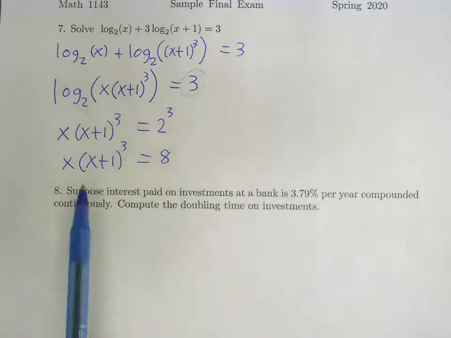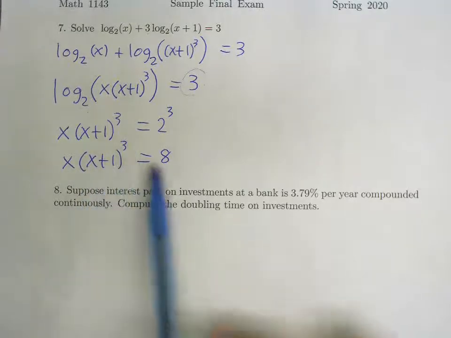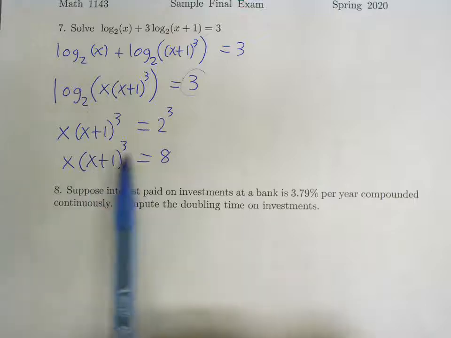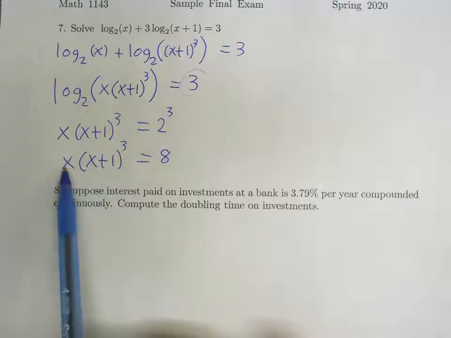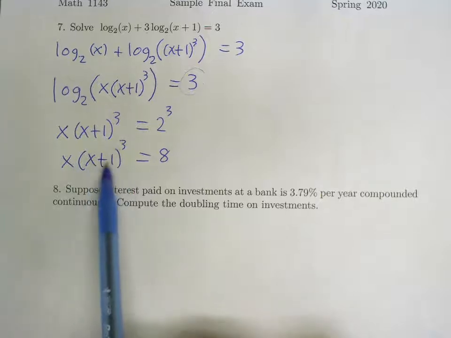So think about what number would make x plus 1 to the third equal to 8. So if x is 1, then 1 plus 1 is 2, and 2 to the third is 8.